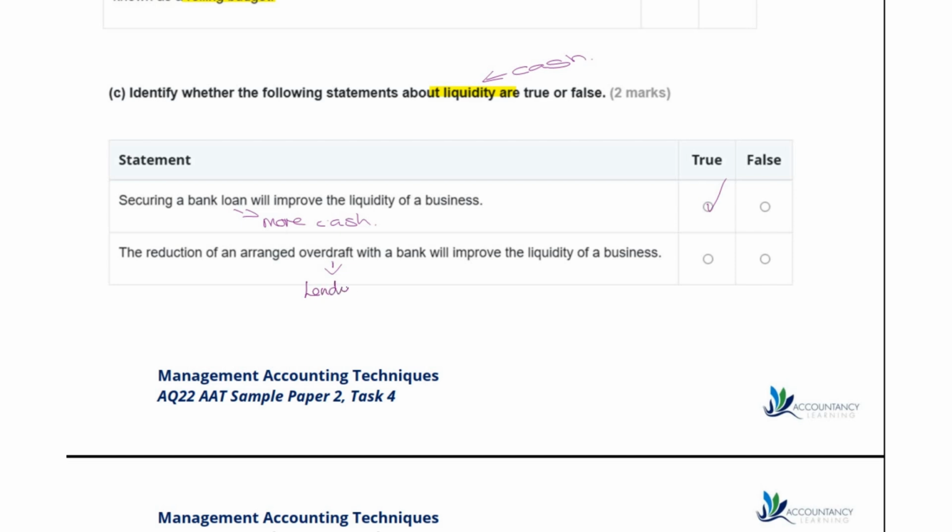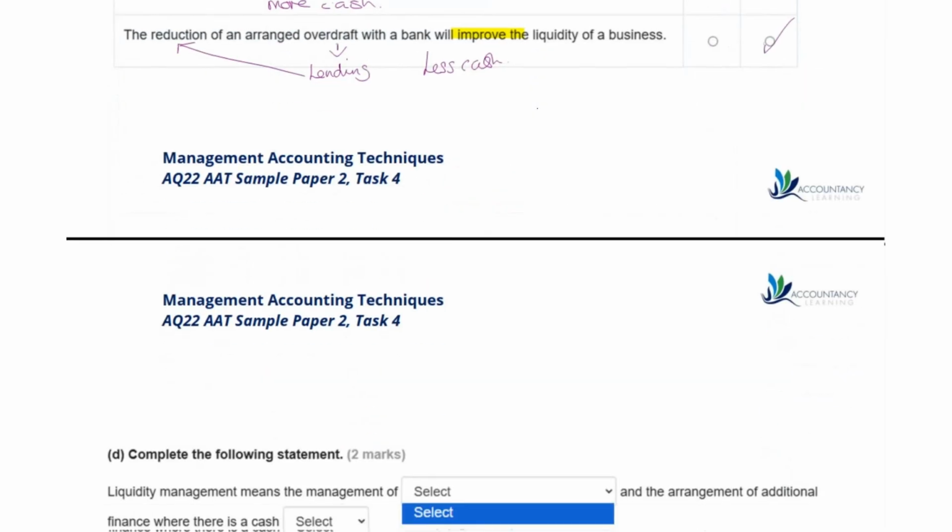This is still a form of lending, however, it's been reduced. So we have less overdraft on our account, which means less cash available. And the question is saying this would improve, which means it would be false, because a reduced overdraft would not improve the liquidity of a business because there is less cash available.